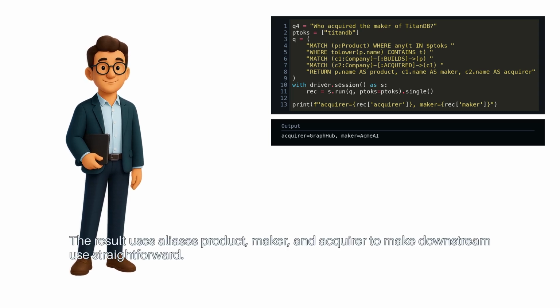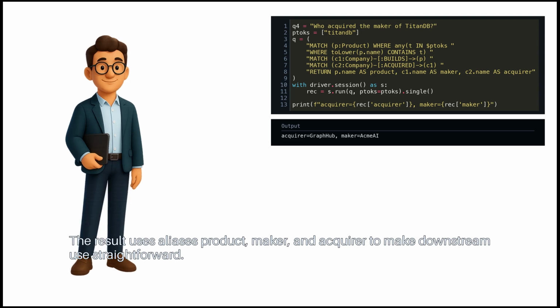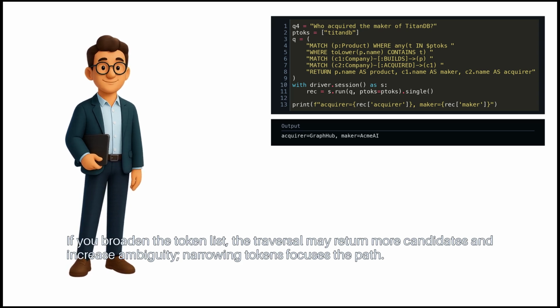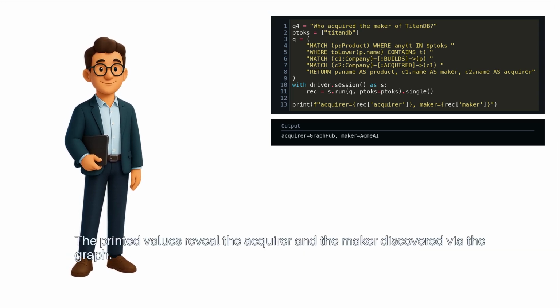The result uses aliases product, maker, and acquirer to make downstream use straightforward. If you broaden the token list, the traversal may return more candidates and increase ambiguity. Narrowing tokens focuses the path. The printed values reveal the acquirer and the maker discovered via the graph.